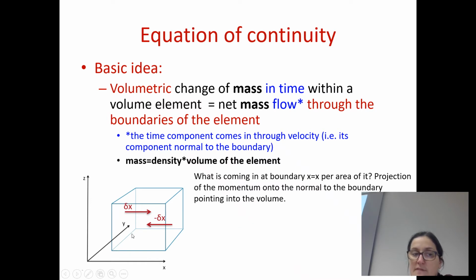This is what we call the lower x side. This is going from x to x plus delta x, in the y direction y to y plus delta y, and in the z direction z to z plus delta z. That's our standard little box. So what is going on if I have fluid of density rho moving through with velocity v?